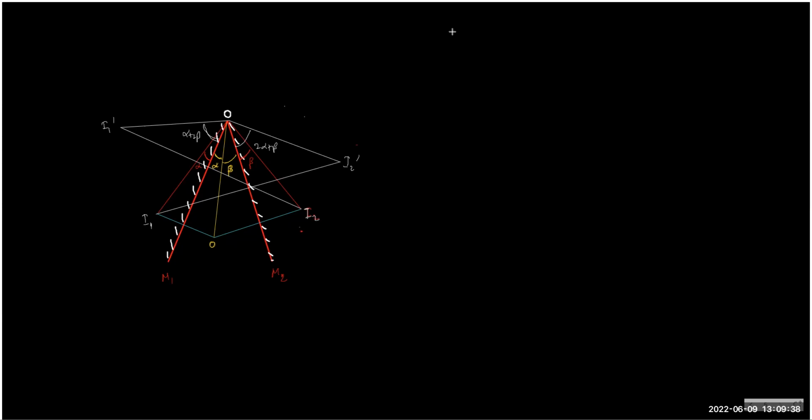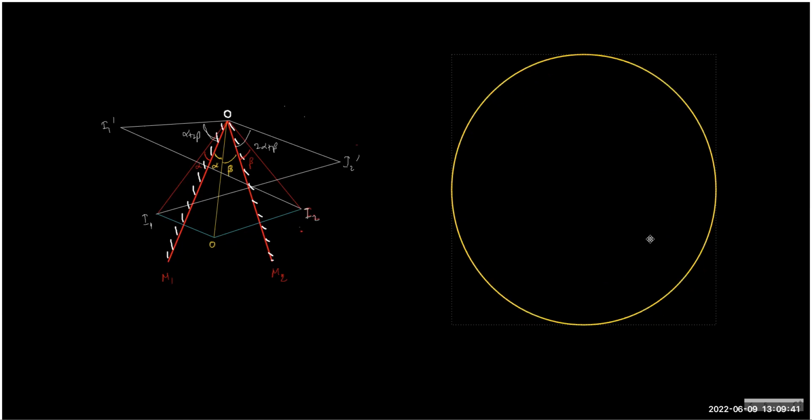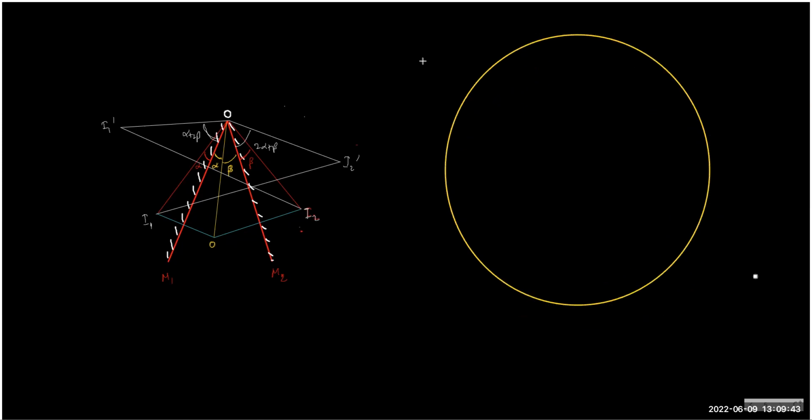Let me draw the circle first. And now let me draw the mirrors again. The intersection of the mirrors is the center, let's call it C. And the radius is nothing but the object distance from the center.